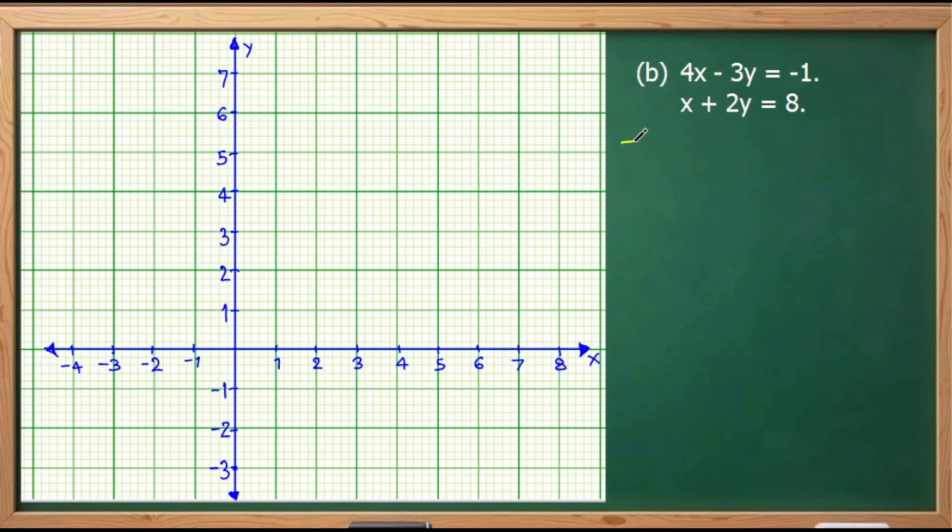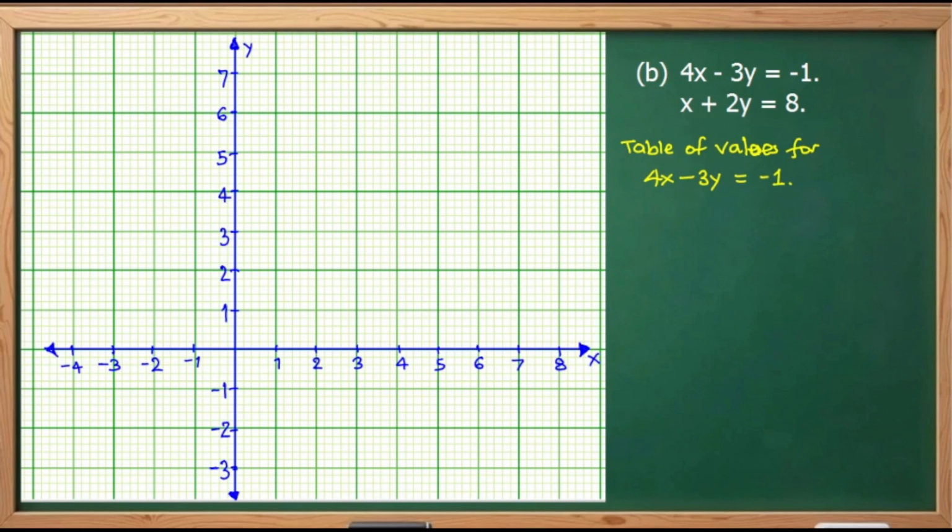So let's say table of values, 4x minus 3y equals negative 1.